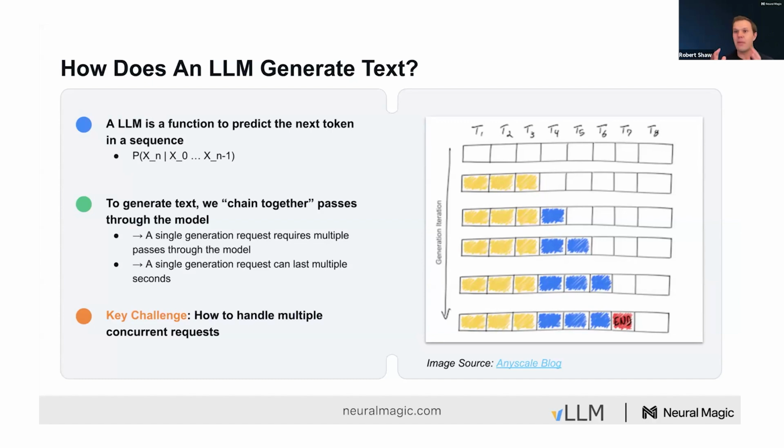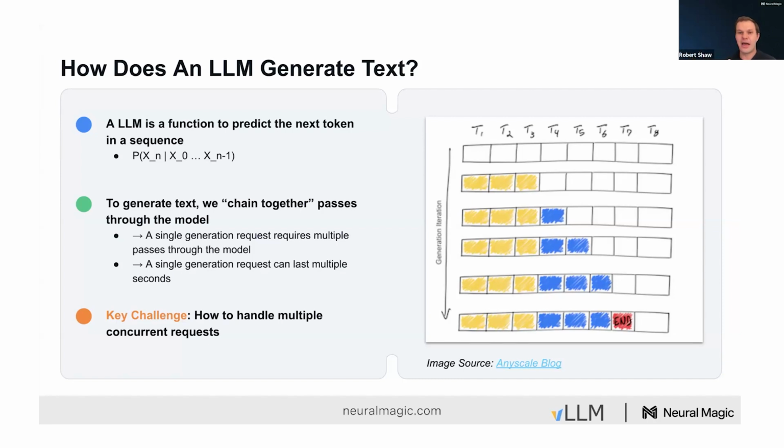And this is what an LLM does: it takes that input and gives you a probability distribution over the nth token. And so when we think about generating text with an LLM, effectively what's happening under the hood is that these calls are chained together in passes through the model, which takes a prompt and then sequentially generates one token at a time.